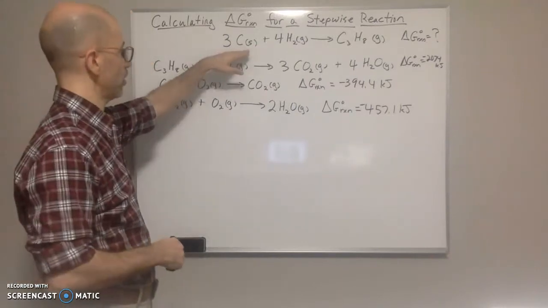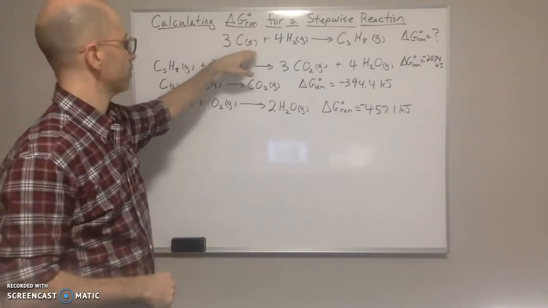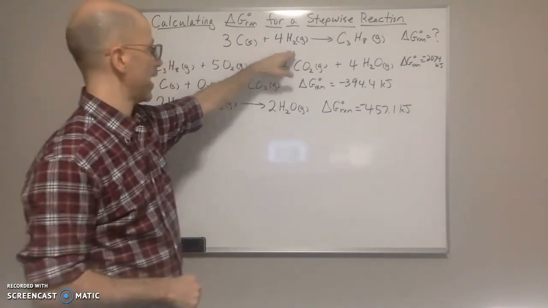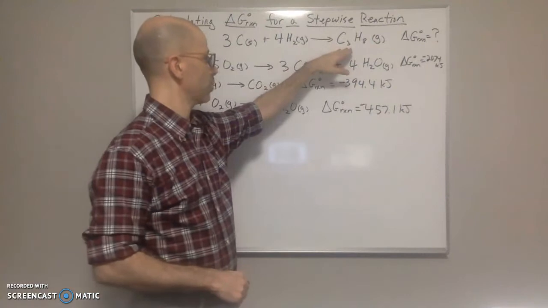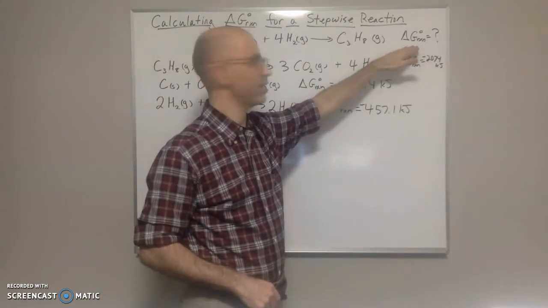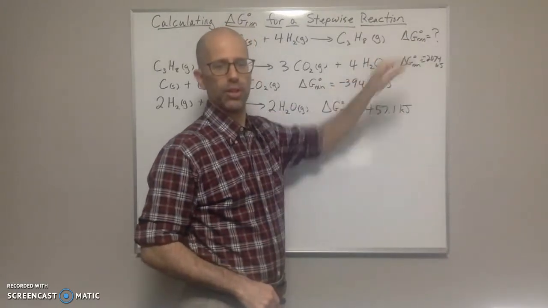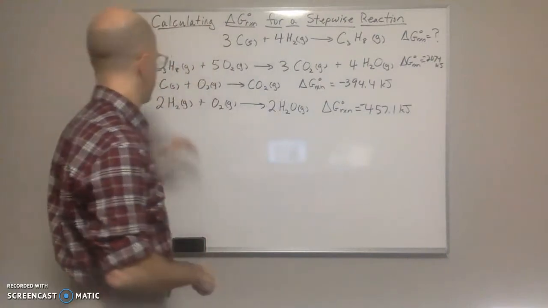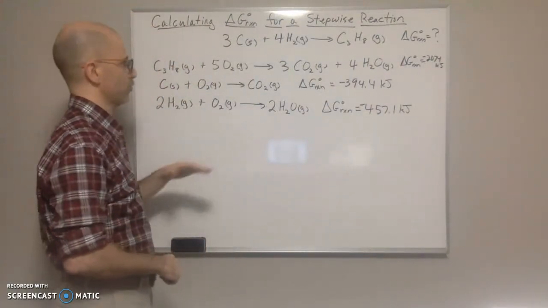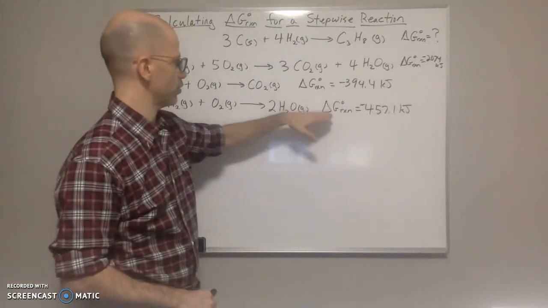So here, this is our target equation. This is 3 carbon solid plus 4 H2 gas gives us propane gas. And we want to know what the standard free energy change is going to be for this reaction. And they give us these 3 reactions, to which we do know the standard free energy changes.